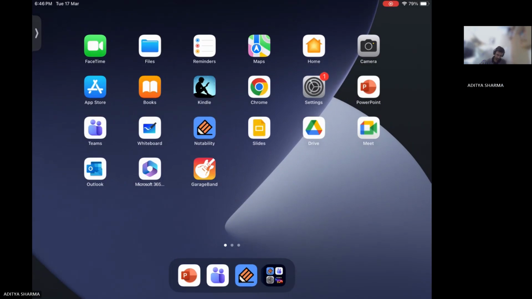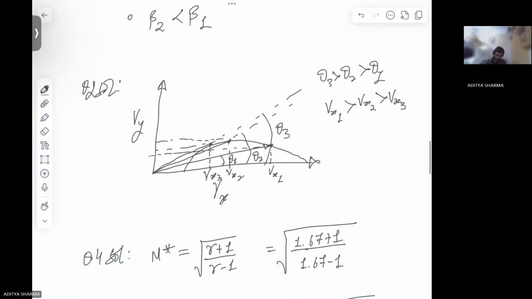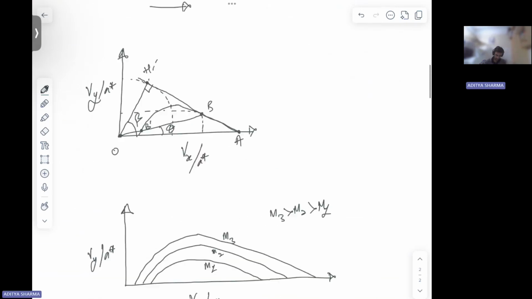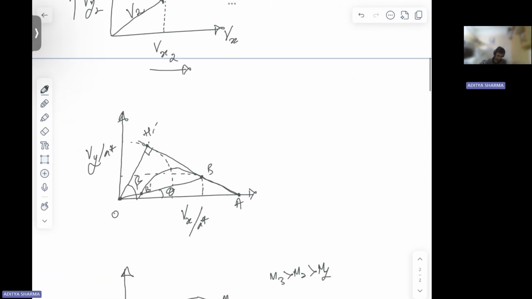See your shock polar, and basically this is your sonic circle. Inside the sonic circle, you have strong solutions, and outside of it, you have weak solutions.